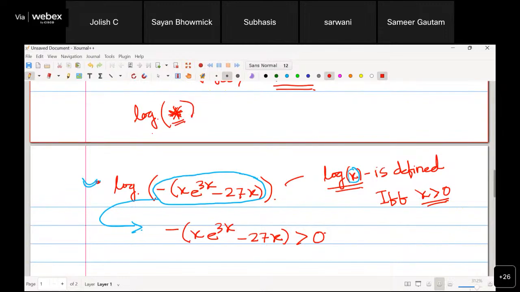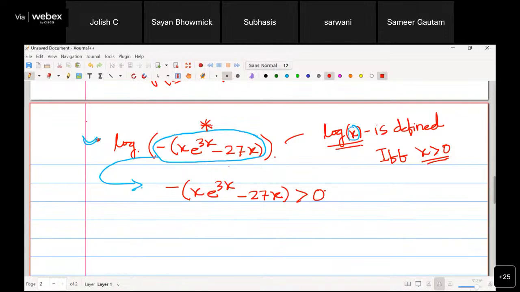This is defined if and only if the star is greater than 0, right? So in this case, my star is this one, minus of x times e power 3x minus 27x. So to find the domain of this function, I need to find all such x for which this condition holds.